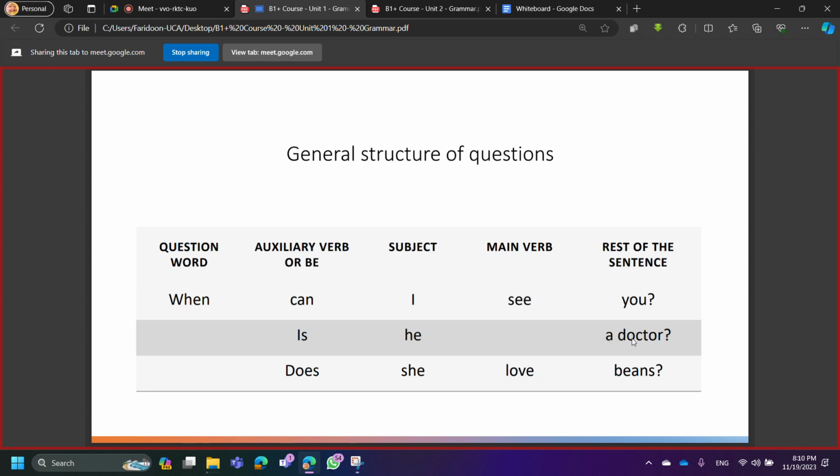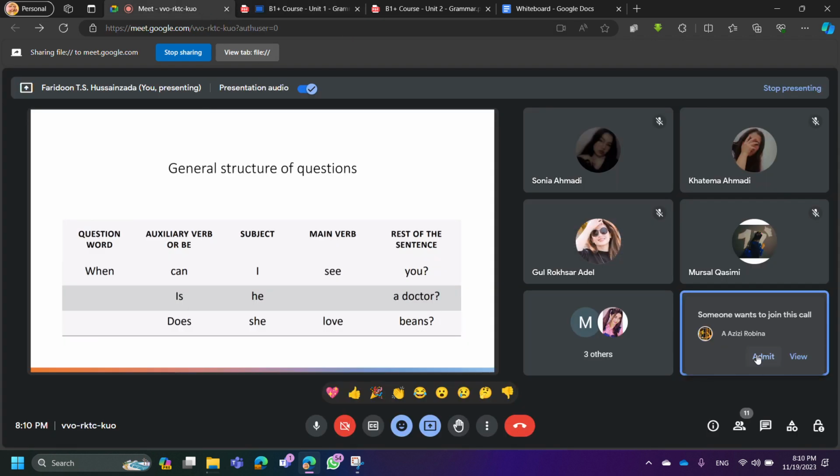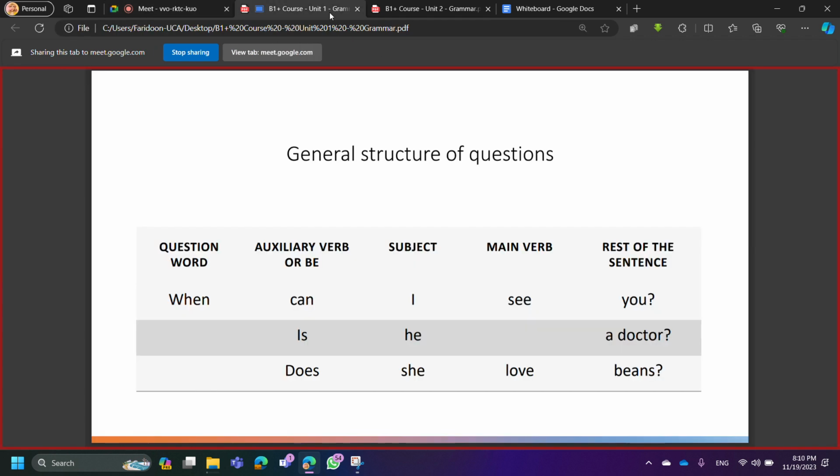And a doctor becomes the rest of the sentence, or complement. Then you have the other technique, where you have, does she love beans, for instance, where you don't have a question word, but you do have a main verb, and here does becomes the auxiliary verb. So this is the general structure. Many questions in English will have something like this.